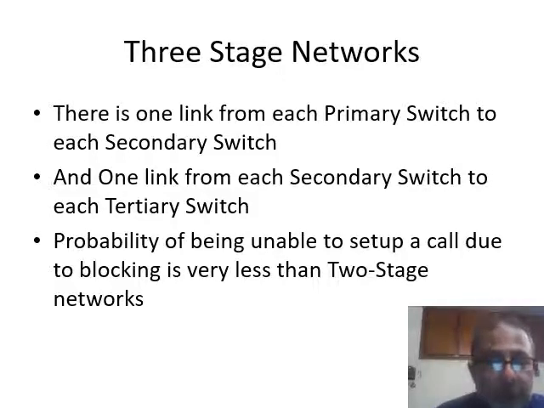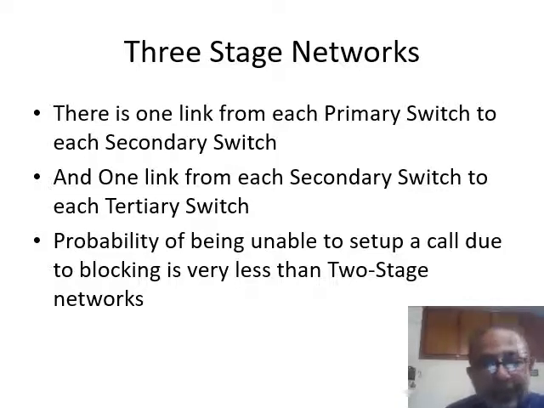In the two-stage network, if a user from the first primary switch, or the topmost primary switch, is connected to the topmost secondary switch, then another user who comes in would not be able to connect to a customer or to a user on the same top sub switch on the B stage.